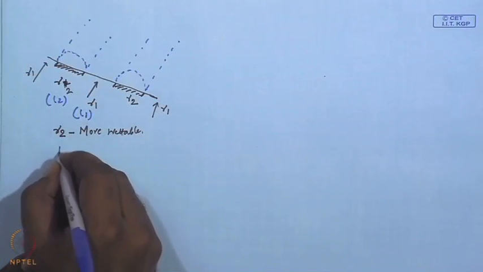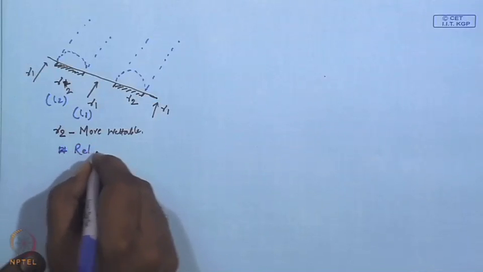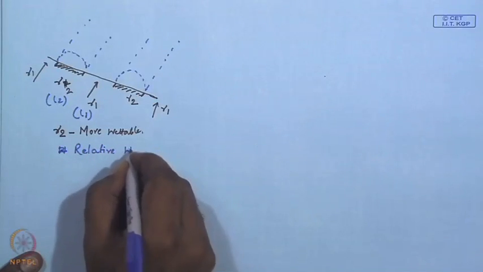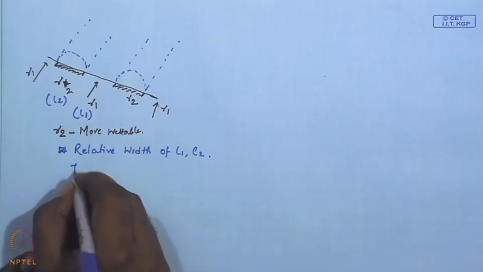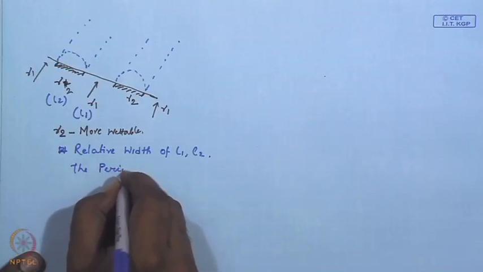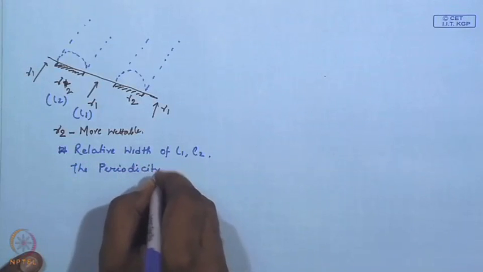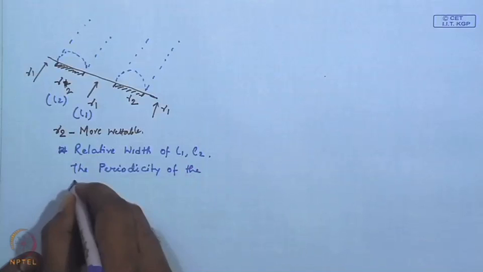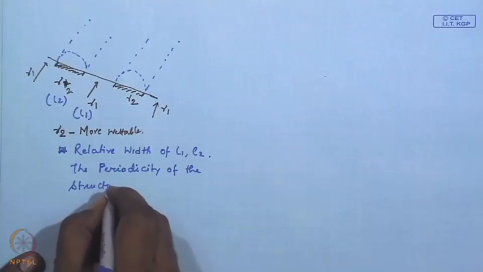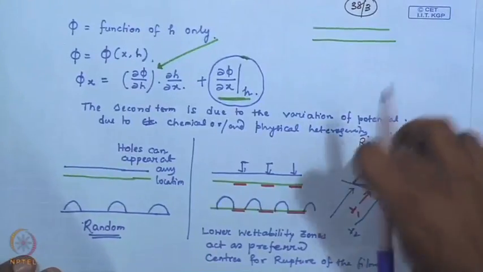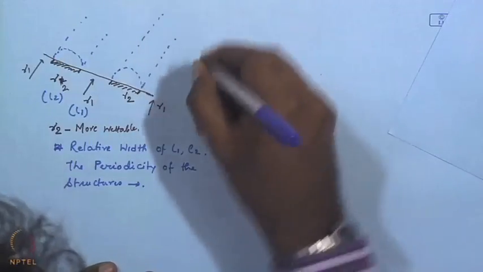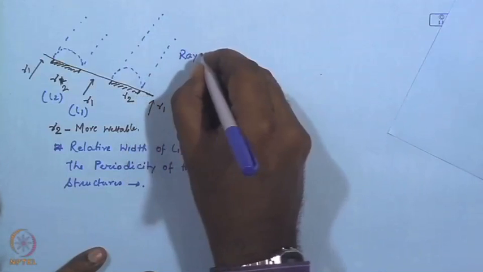So, the relative width L1, L2, the periodicity of the structures, everything becomes important. Because what you have to understand is that after they have dewetted, they now form actually very long polymer threads. So, there is always a tendency of Rayleigh instability being exhibited.